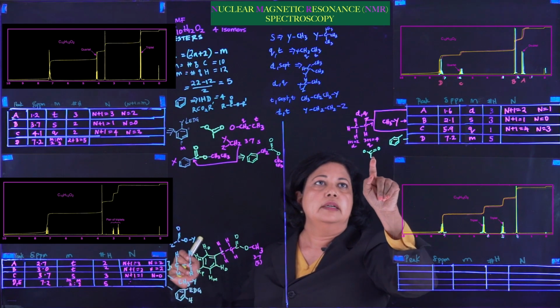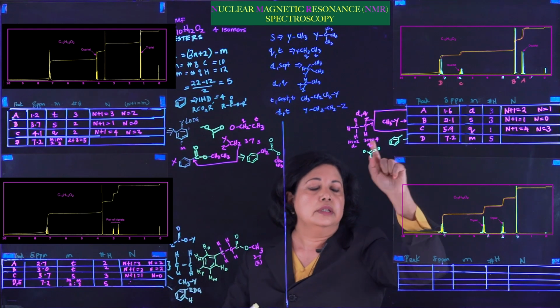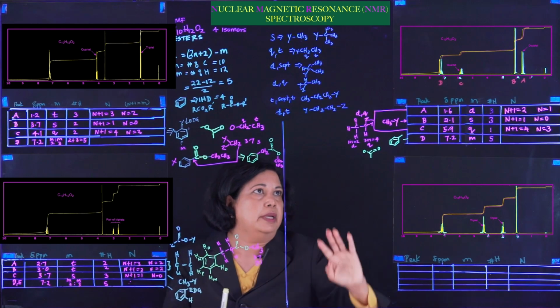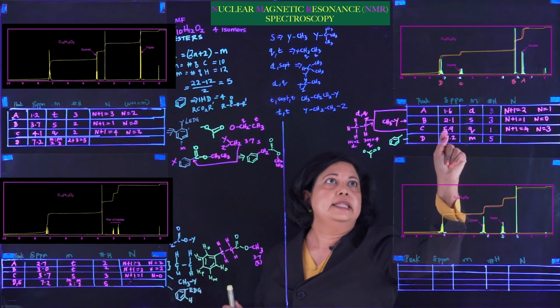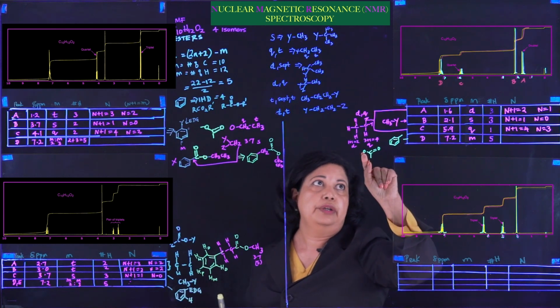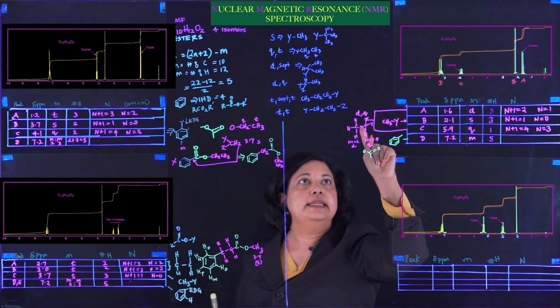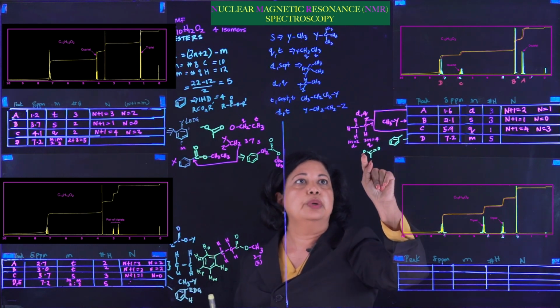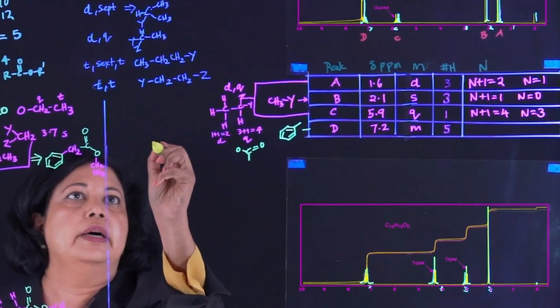And this is about in the 2 to 3 range. Same here. This is also around 2 to 3, depending on what else is on there. All right. So therefore, the only place that you can put that is here. Okay. So your quartet, which is this carbon CH, should go over here. All right. So that much we have figured out from the delta value.